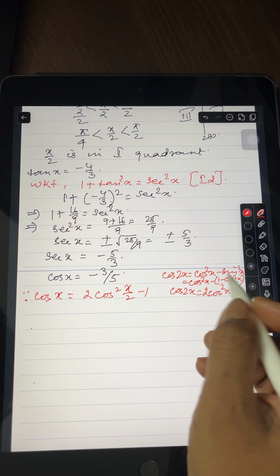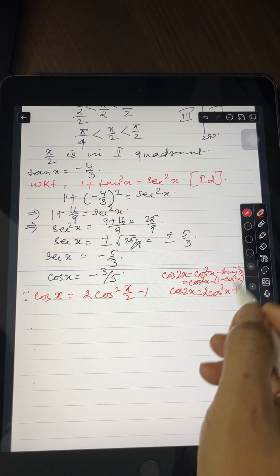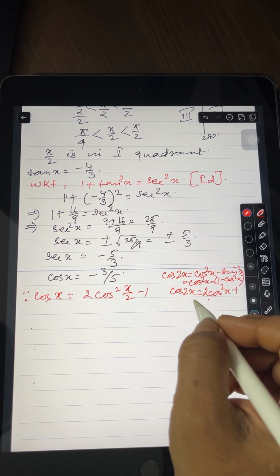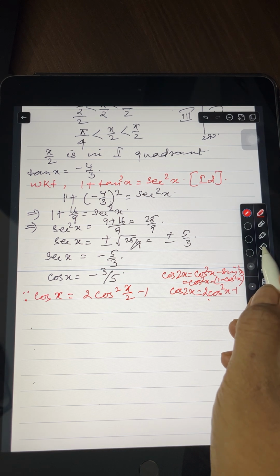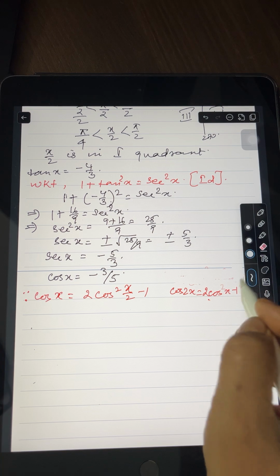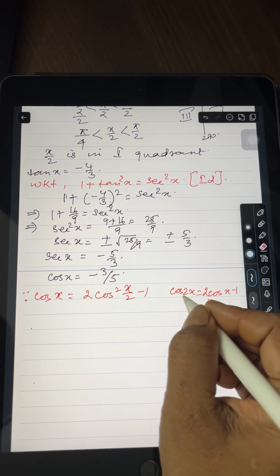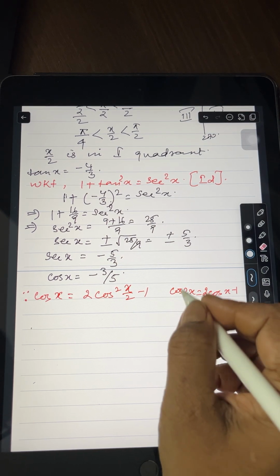Now when I open the bracket, the sign will change. So cos square x plus cos square x will give you 2 cos square x, and here minus 1. This is how you are getting cos 2x as 2 cos square x minus 1. Clear till here?